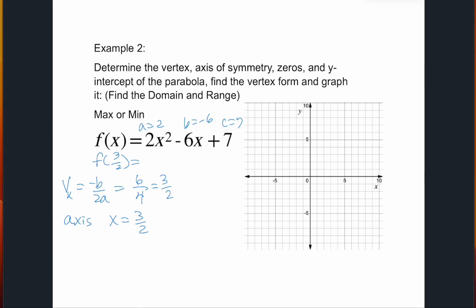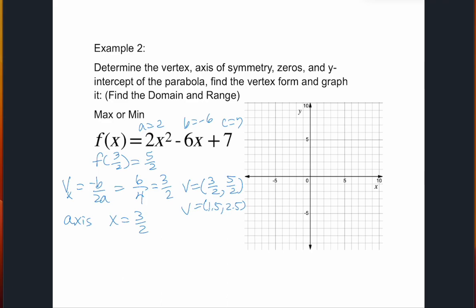So we get that the y value is 5 over 2, or 2.5. So our vertex is the point 3 halves, 5 halves. Now I like that fractional form, but if you told me 1.5, 2.5, go for it. There's nothing wrong with that.